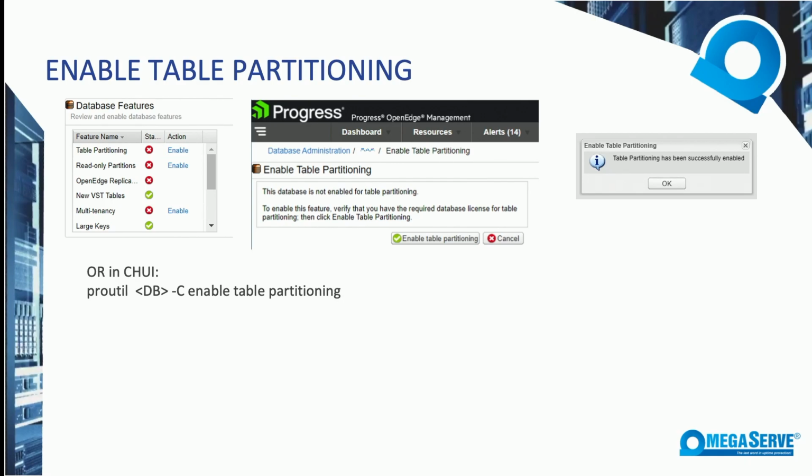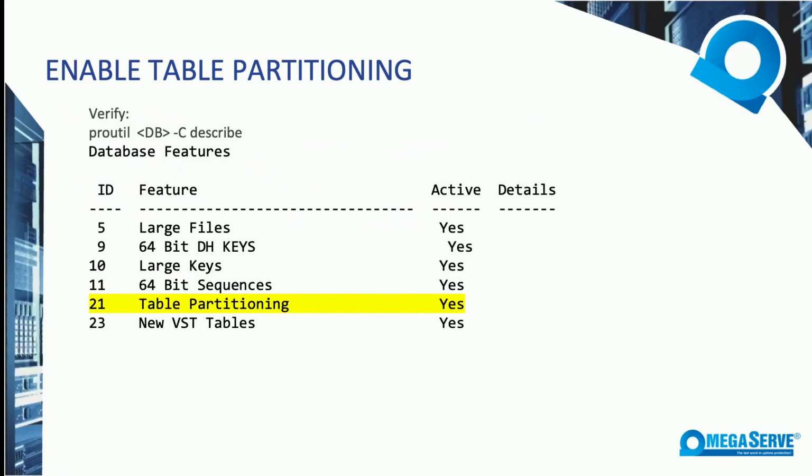And when the database is replicated, everything is immediately reflected in the target database. So whatever we do, enabling table partitioning, it's immediately translated to the target. The easiest way to check is proutil describe, and you see table partitioning as yes, so it's enabled.